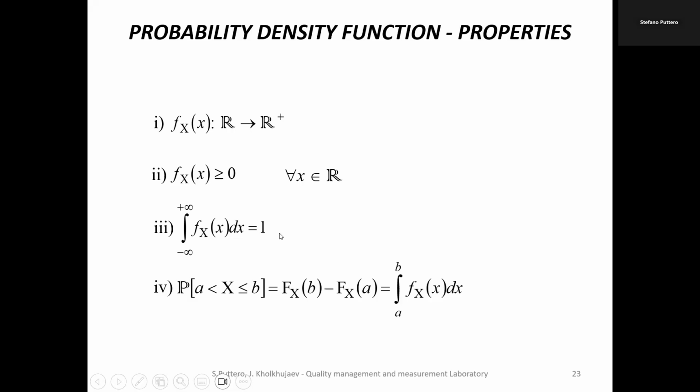This is because the area under the curve identifies the probability. As the sum of all probabilities of all the mass points in the discrete case is equal to 1, this is the same concept. So for a continuous random variable, the area under the curve defined by the probability density function has to be 1.